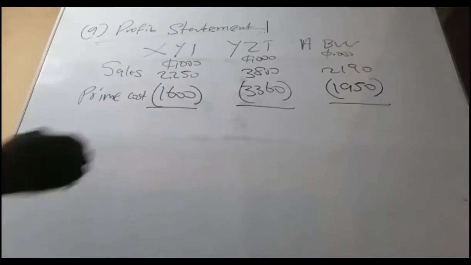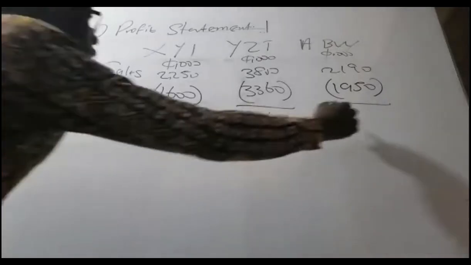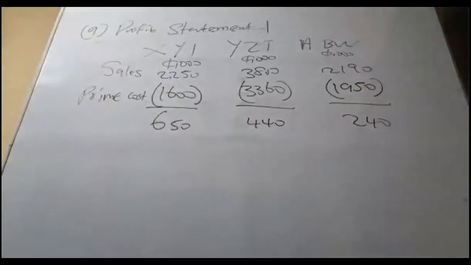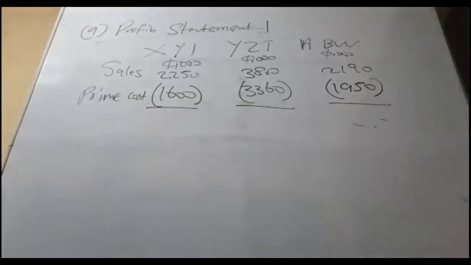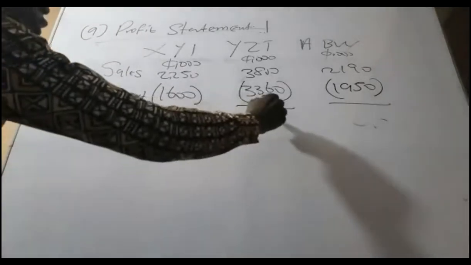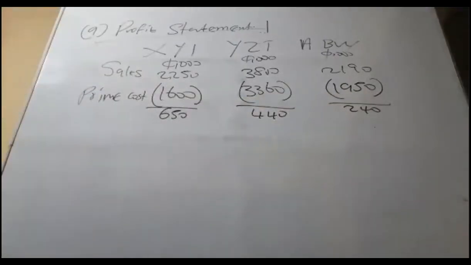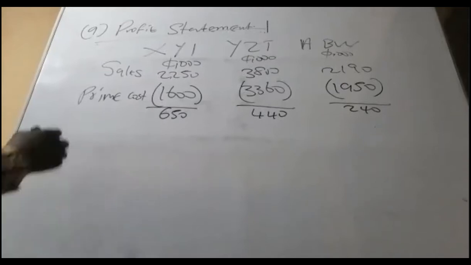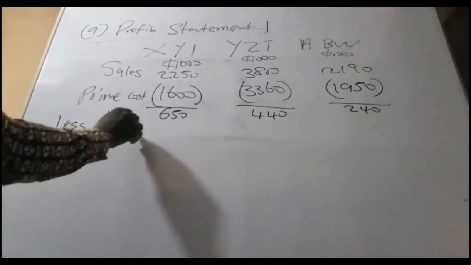Okay, so we have 650, 440, and 240. Let me scroll it up here so I can get more space. So 650, 440, and 240. Then we say less the overhead cost.